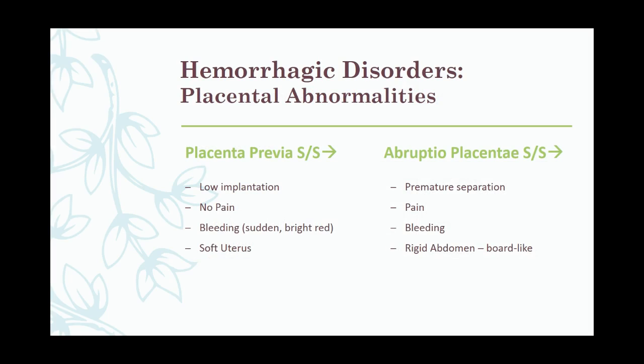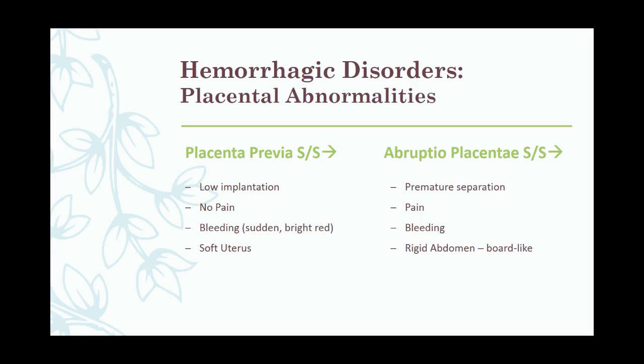We've already talked about placenta previa and placental abruptions, but we're going to go over these again really quickly. For previas, what we see sign and symptom wise is a low implantation of the placenta in the endometrial lining within the uterus. These people typically have no pain, and their vaginal bleeding is sudden and bright red.